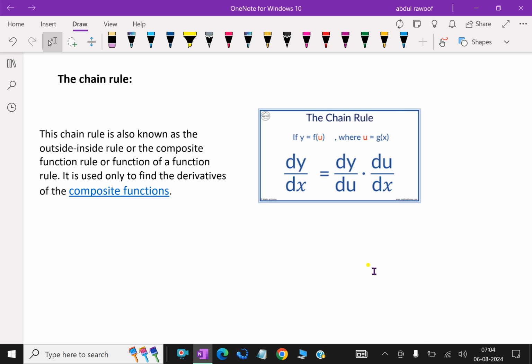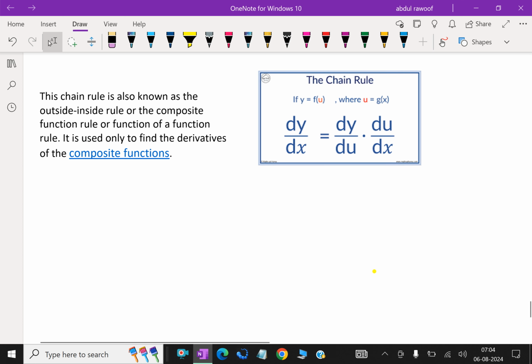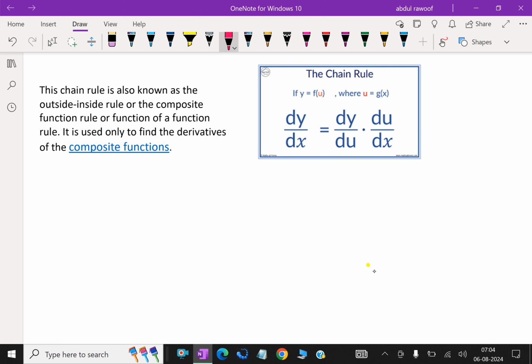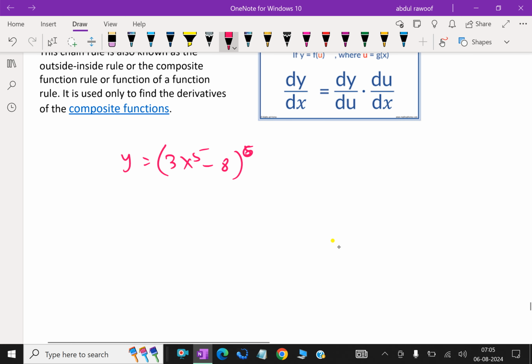We'll use the chain rule. An example. Look at here. Y equal to (3x power 5 minus 8) whole power 6. Then how to use the chain rule to find this? So let the inner function u be 3x power 5 minus 8.